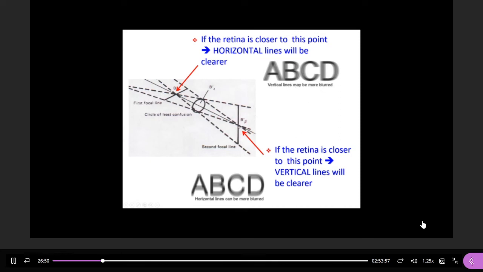However, if we move this line closer to this circle, making it closer than the horizontal, then in these situations the vertical line, in this direction, should be clearer, and the horizontal image will be relatively more blurred. So that is how we understand astigmatism patients, how their image blurs in the different axes.